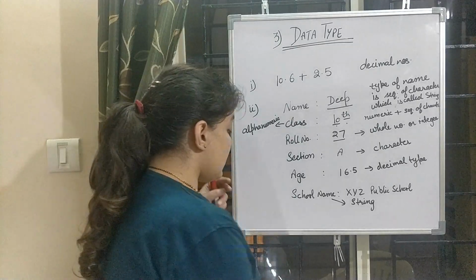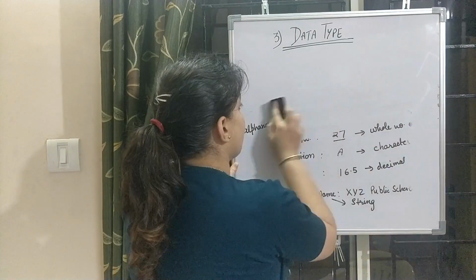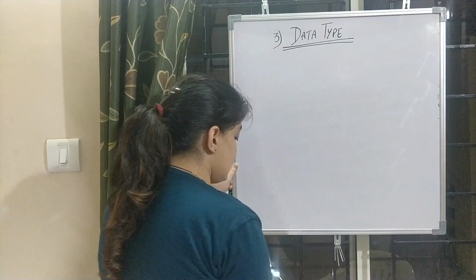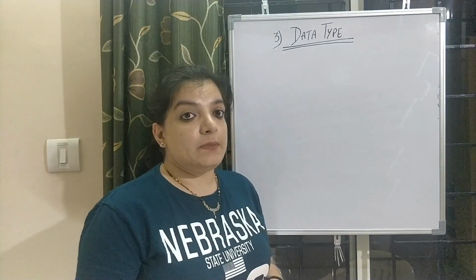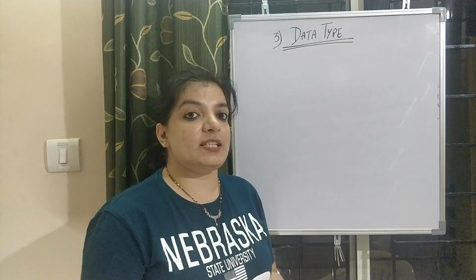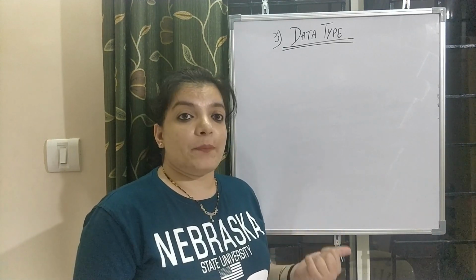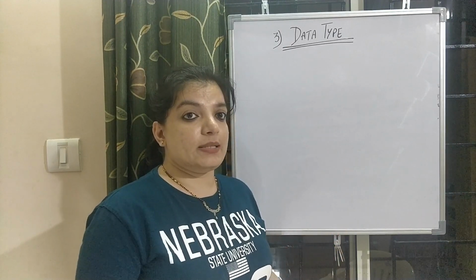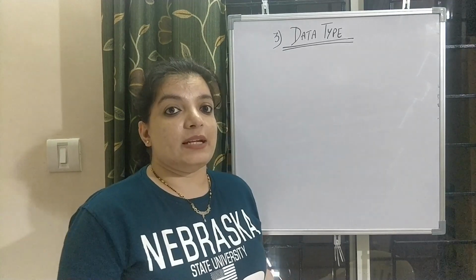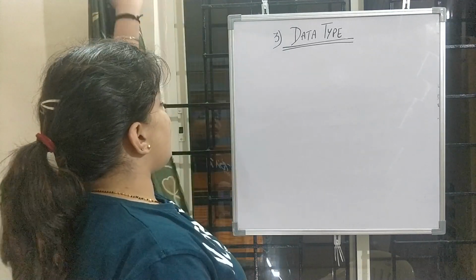Now coming to the computer language. When we write a computer program, we need to specify the data types very clearly. If we are not specifying the data type of a particular data clearly, then the computer is not able to understand what operations it has to perform, and then there will be an error. So what do you understand by this?